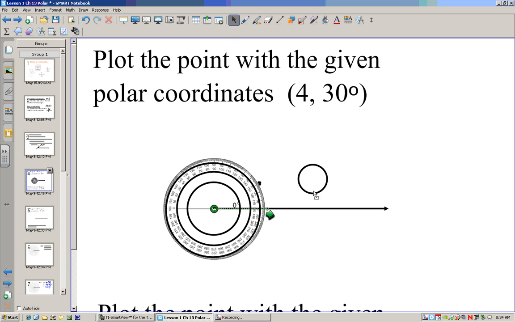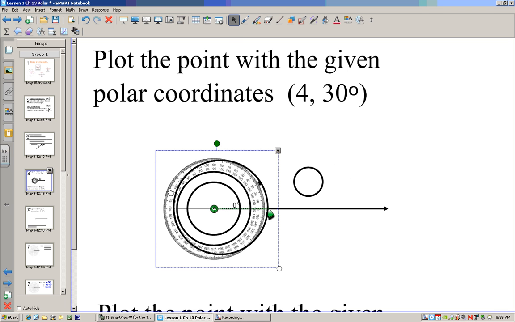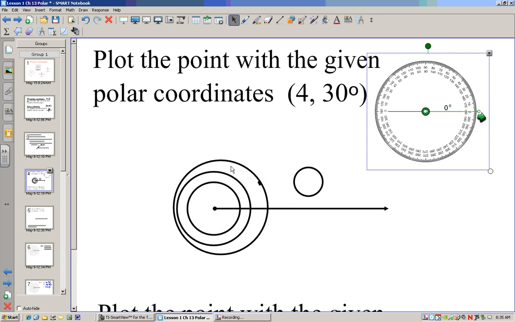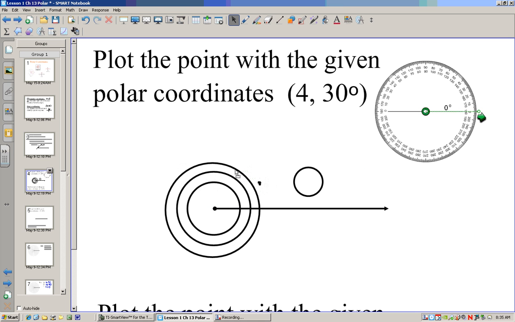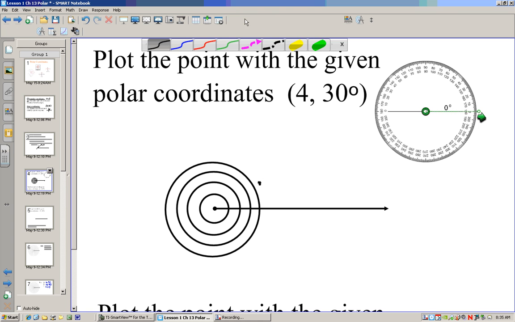I'm grabbing everything but what I want to grab. And there we go. So if we're going to go 4 units out, that's 1, 2, 3, 4 in the direction of 30 degrees. So that's right there. So that point is (4, 30°).